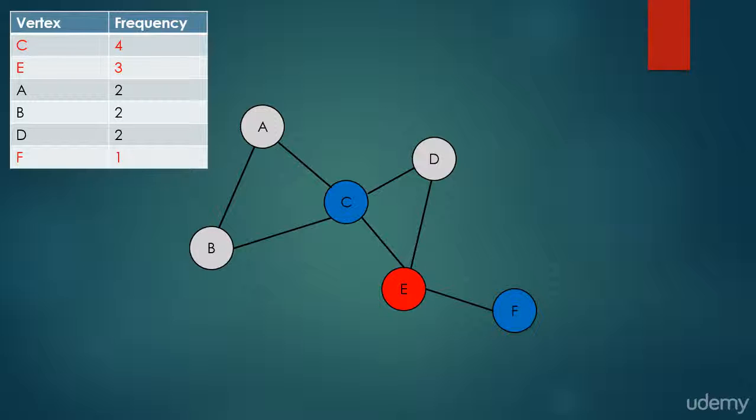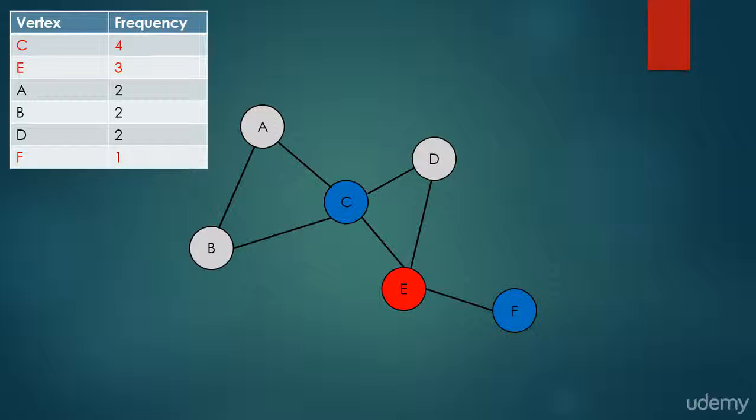In the next step, we continue our algorithm with the next most frequent node, and it is E. So we give it the color, for example, red. And we keep iterating through the list again and check whether we can reuse this red color.